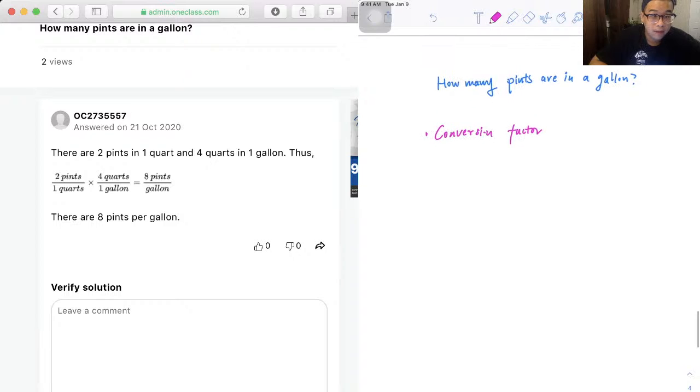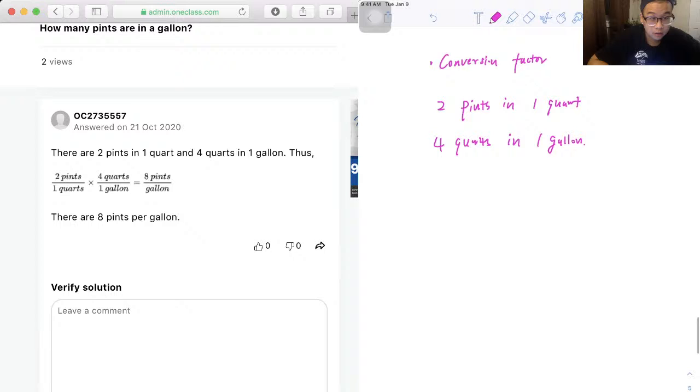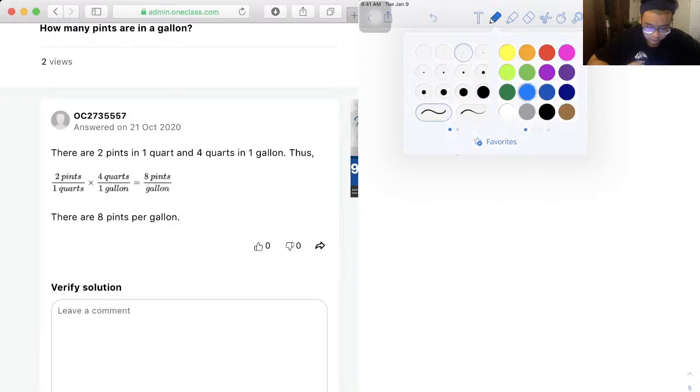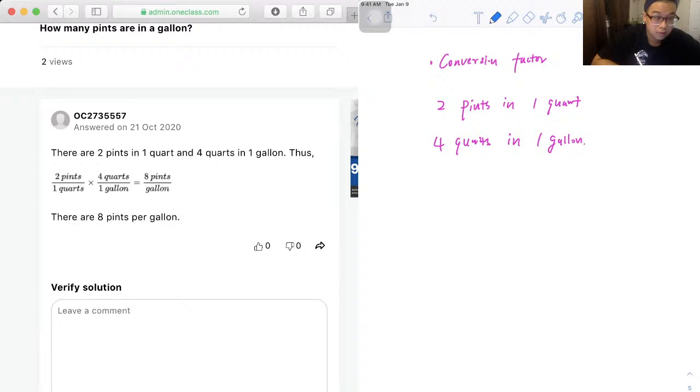Right. And we also know that there are 2 pints in 1 quart. Okay, I'll write it down. 2 pints in 1 quart. And there are 4 quarts in 1 gallon. All right. So first, and then we can do our calculation.